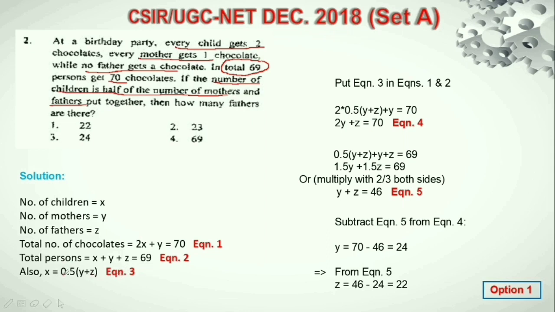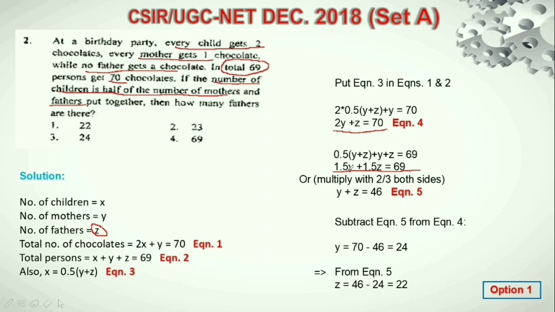Since we have to calculate the number of fathers, that is we need to find the value of Z, we will substitute the value of X from equation 3 into equation number 1 and equation number 2. So these will give you 2Y plus Z equal to 70 and 1.5Y plus 1.5Z equal to 69.